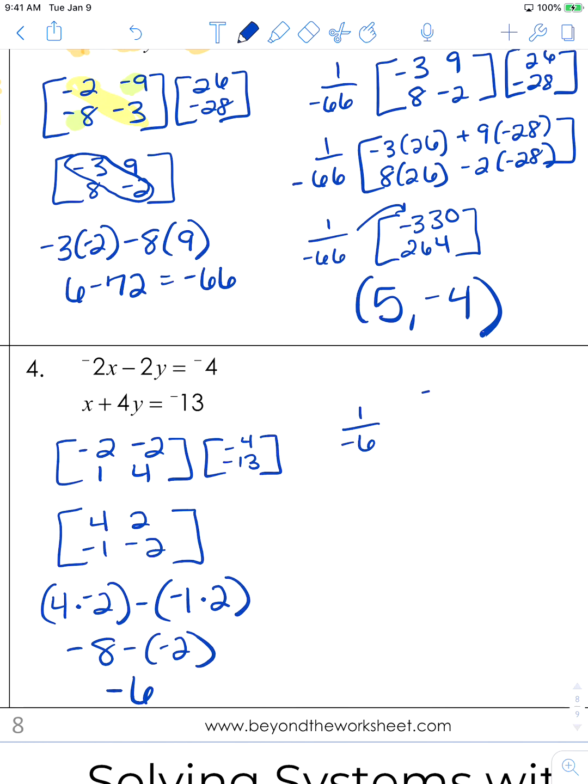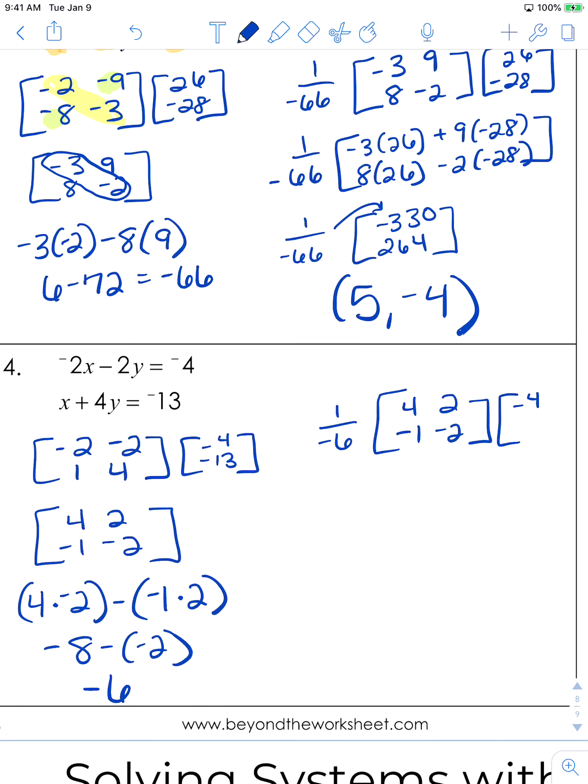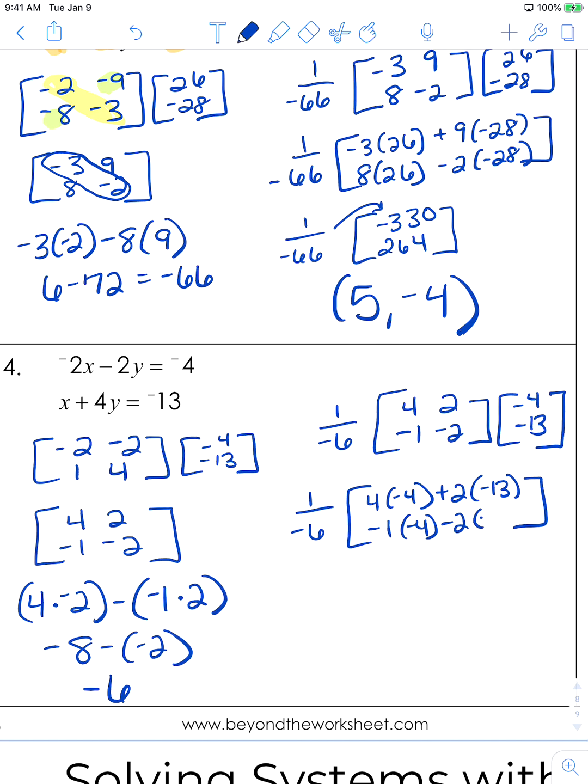1 over -6. And then we have 4, 2, -1, -2 in the matrix, -4, -13 on the outside. 1 over -6, 4 times negative 4 plus 2 times negative 13, negative 1 times negative 4 minus 2 times negative 13, 1 over negative 6.